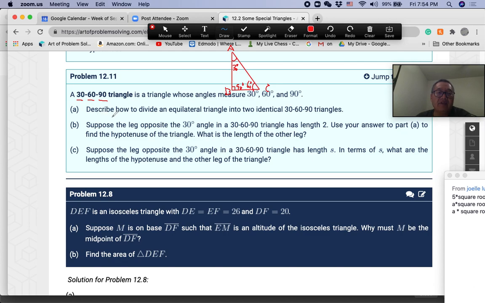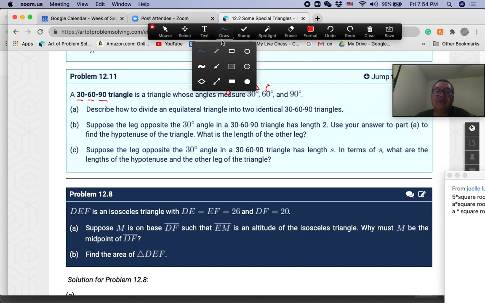Now A: describe how to divide an equilateral triangle into two identical 30-60-90 triangles. Okay, do you know how to do this?